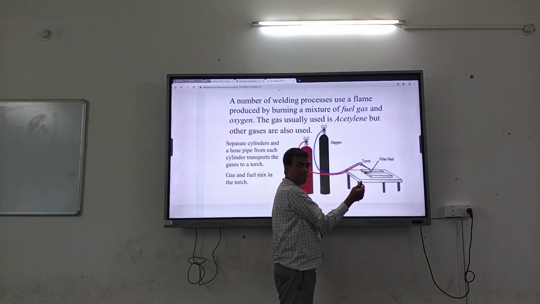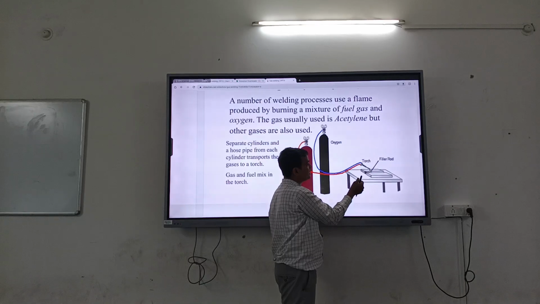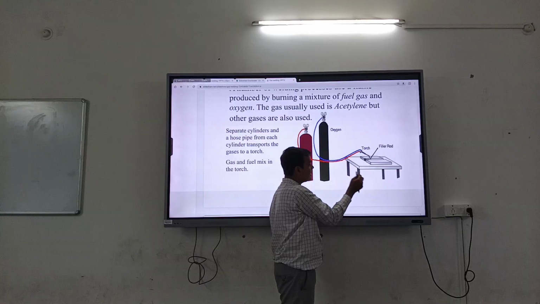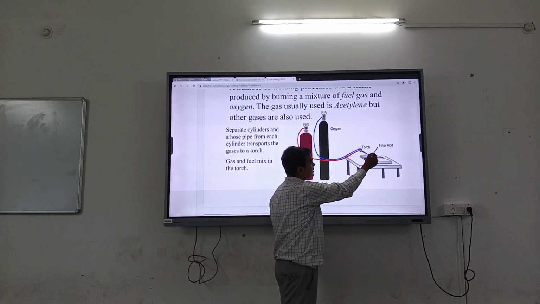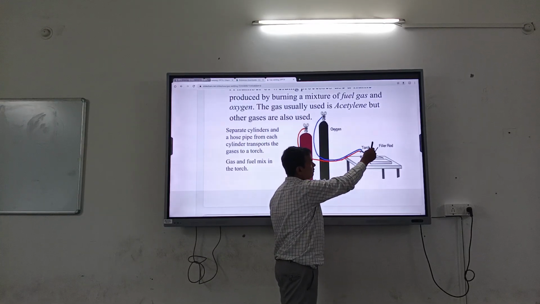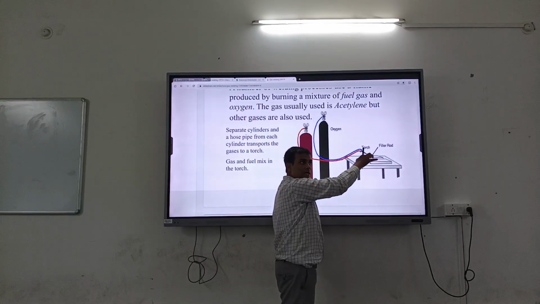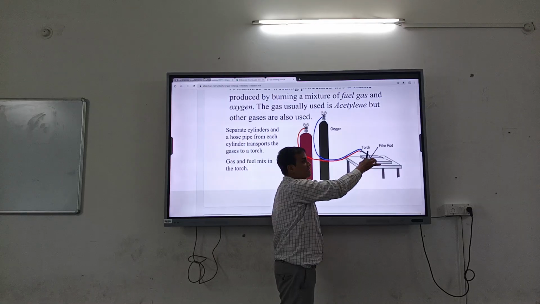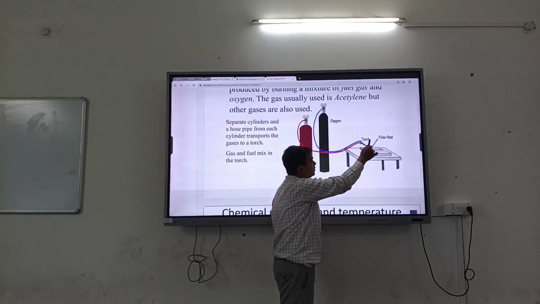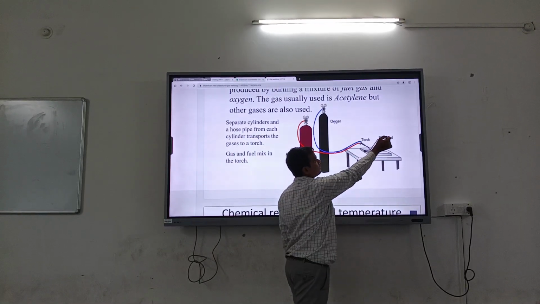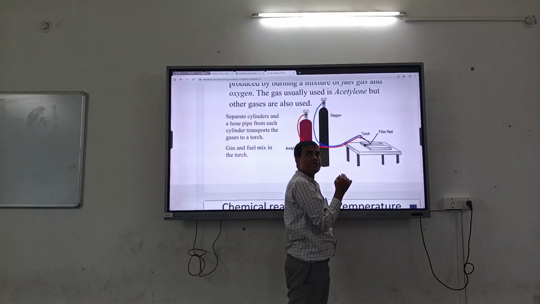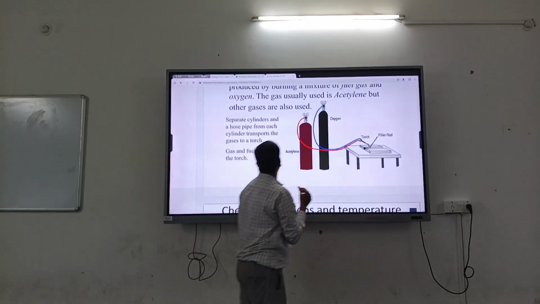A spark is created manually with the help of a lighter, then combustion starts here and heat is provided at the pinpoint. At that point the metal melts and then makes the joint. A thinner rod is provided here which supplies the extra material.